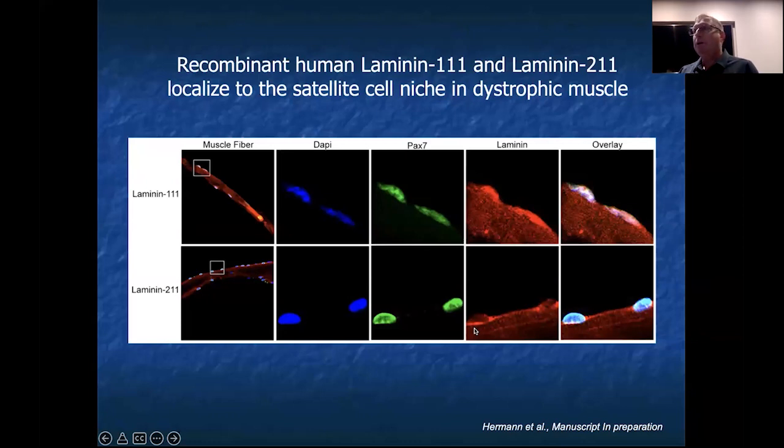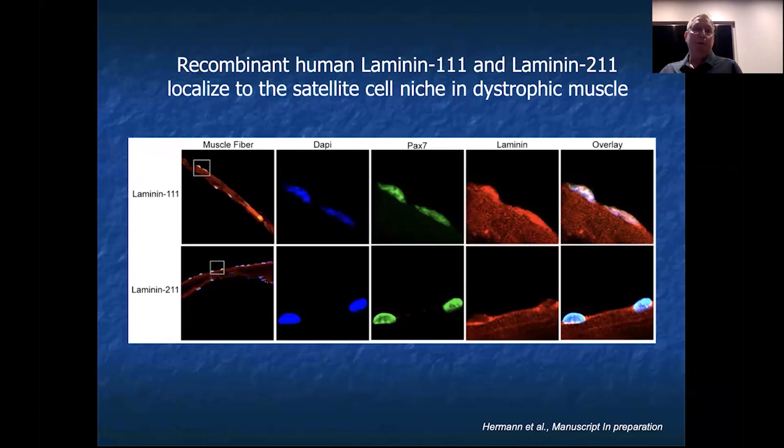In fact, what we've shown is that satellite cells, when they repair muscle, undergo a symmetric or asymmetric division. Asymmetric division means that they divide and one repairs the muscle, and the other satellite cell replaces the one that's just been used. That's good, and that's what 211 does. In the case of 111, both cells go to repair the muscle, and we don't replace our satellite cells or stem cells.